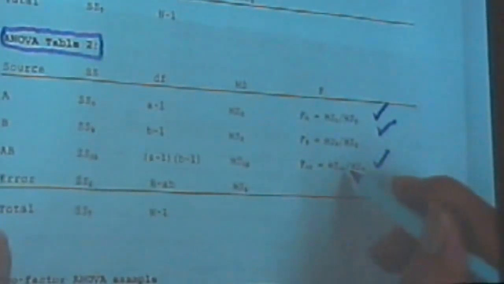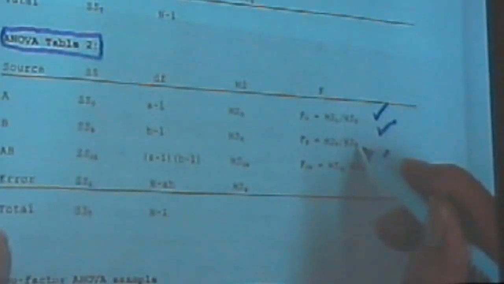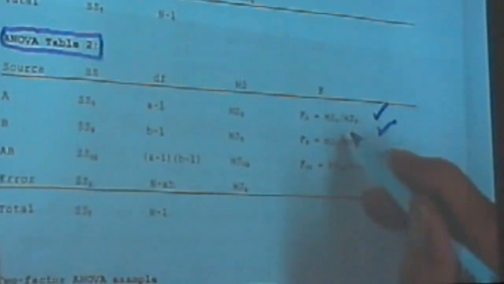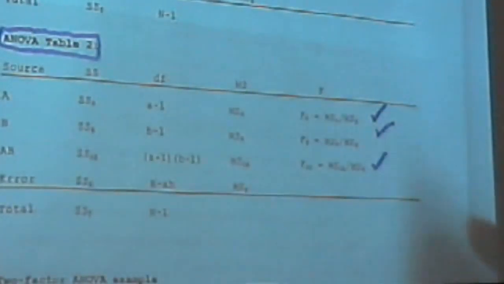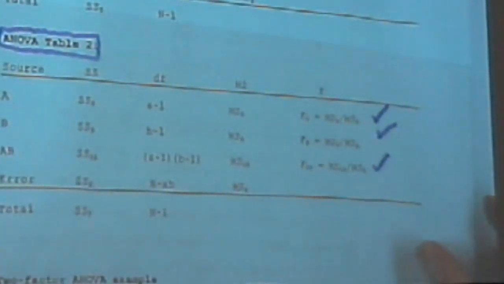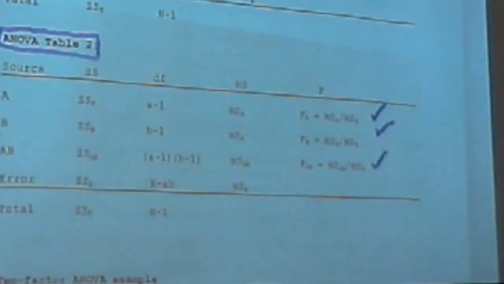One for testing interaction, one for testing B, one for testing A. So it's primarily the second ANOVA table that we'll make use of. But there are some places where it's going to be important to have history of the problem. For example, if we wanted to do something like a Dean's test, testing whether the variances in the different cells are all equal.